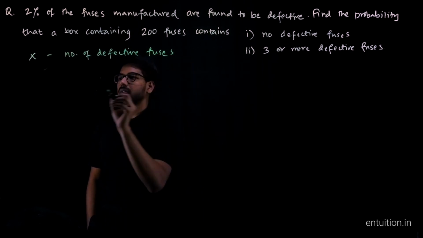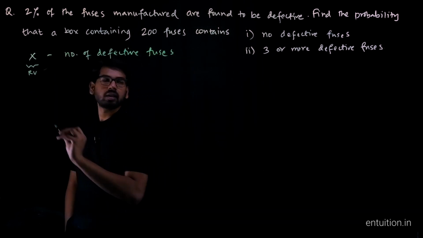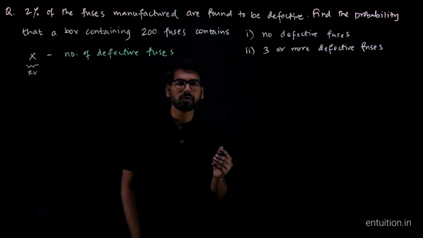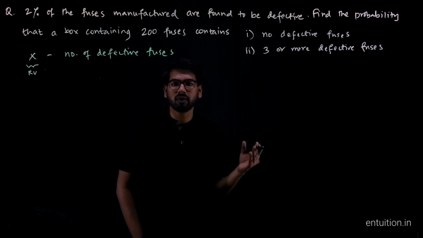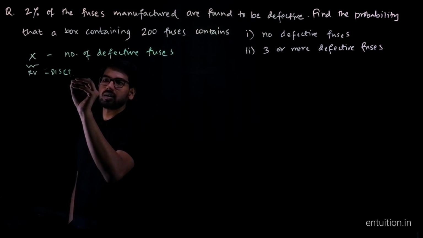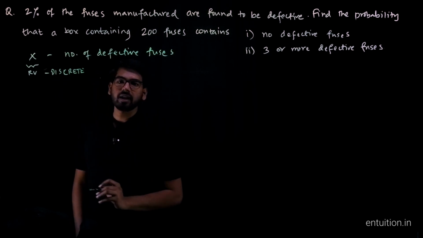The number of defective fuses is not a decimal. There are no 3.5 defective fuses. We are counting the number of defective fuses, so since we are counting, x is a discrete random variable.